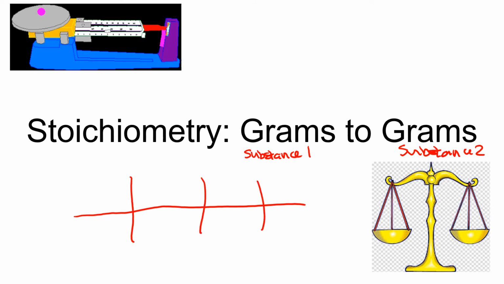We start with grams, and this first step will convert grams to moles of substance 1. The second one is going to convert moles of 1 to moles of 2. And the third step is going to convert moles of 2 to grams of 2.